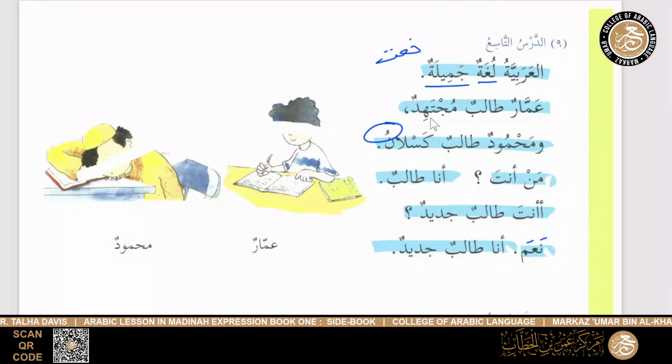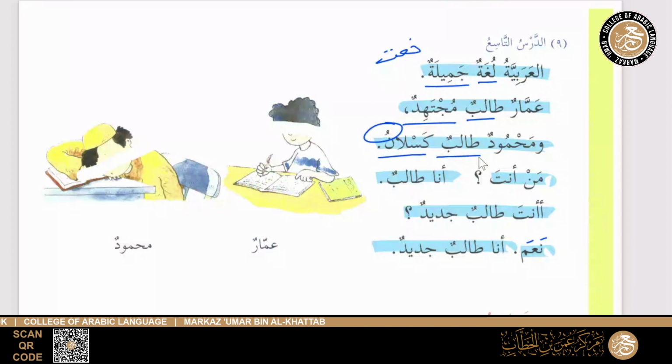عمار طالب مجتهد. So here we have طالب منعوت, مجتهد نعت. And then here we have the author, through his skills, he writes ومحمود طالب كسلان. طالب كسلان.